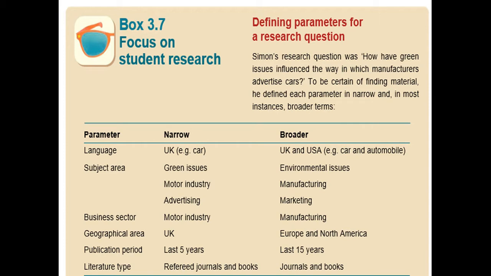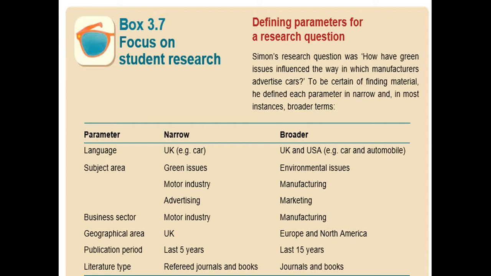In subject area, he is limiting himself to a very narrow focus, green issues, whereas in broader, he is also looking into environmental issues. So he wants to see from the narrow and broad angles what is the possible literature available on this area. In narrow, he is just referring to refereed journals and books, but in broader, he is referring to any journals and books.